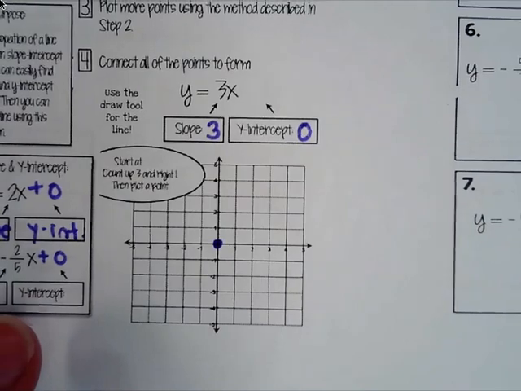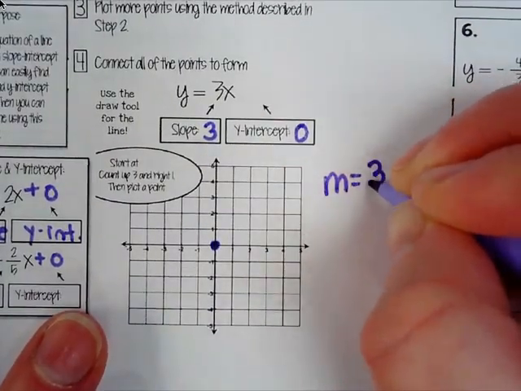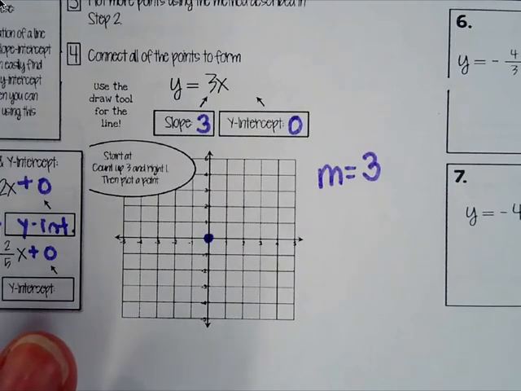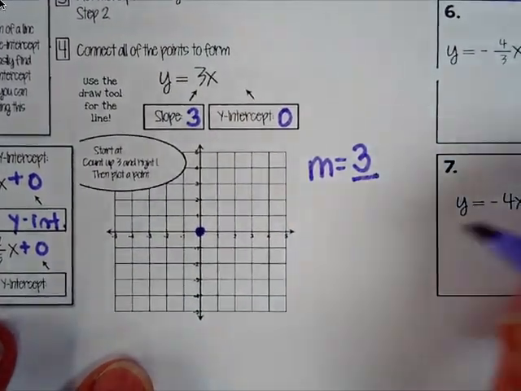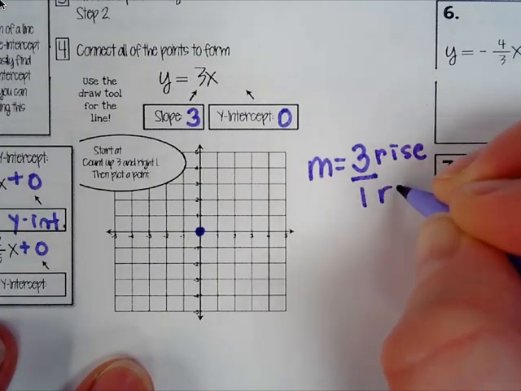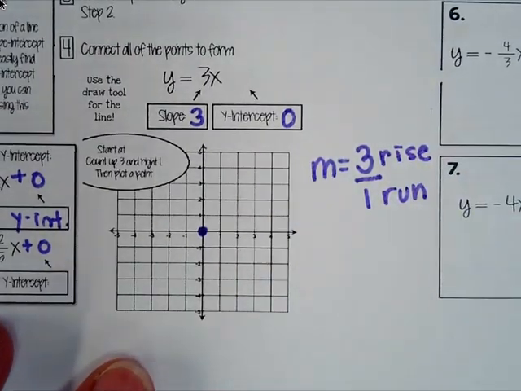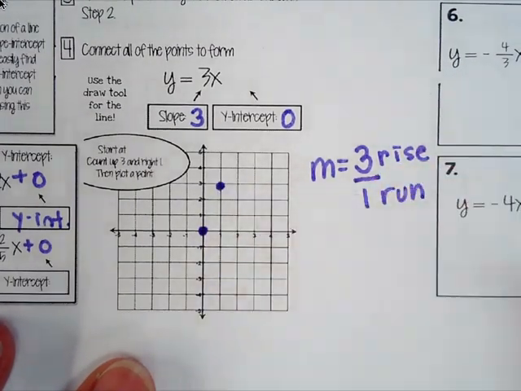Plot a point. Then we have our slope of 3, but we need a run. So what do we always put on the denominator when there's not one? 1. So rise 3, run 1. So up 3, right 1.